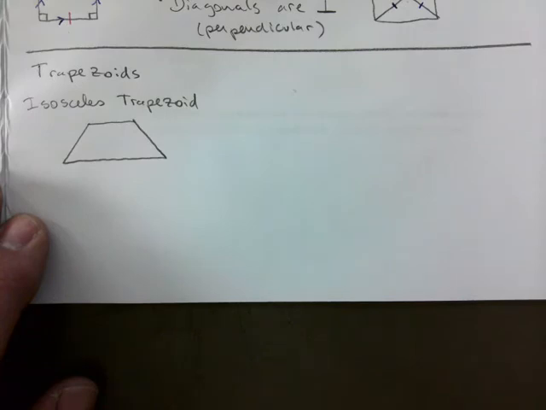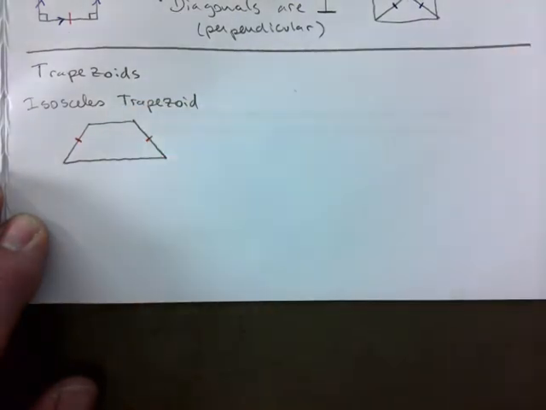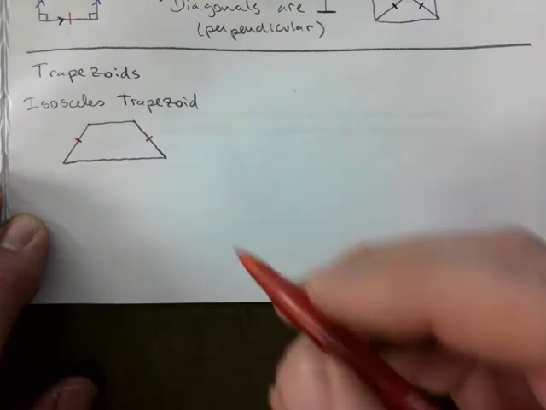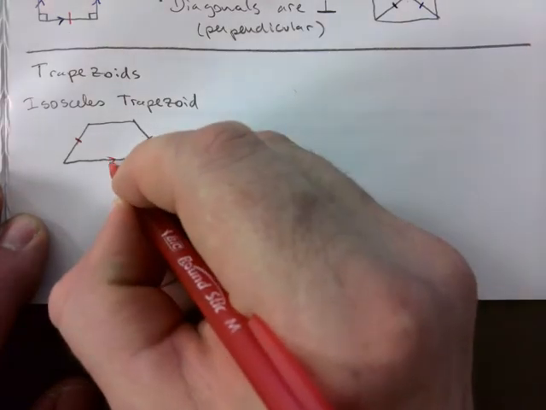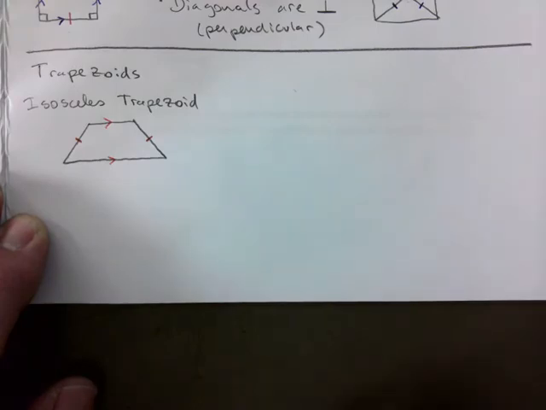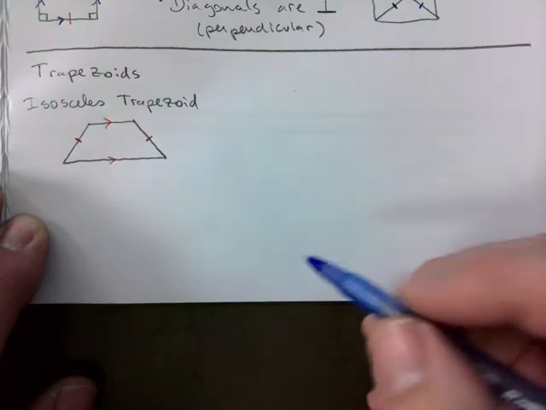I want to finish this page, okay? So whatever it takes. So this side is the same as that one. That's where the isosceles comes from. Two sides are the same. This side is parallel to that side. Obviously not the same length, correct? The top and the bottom not the same length.